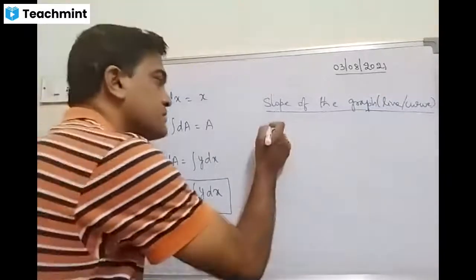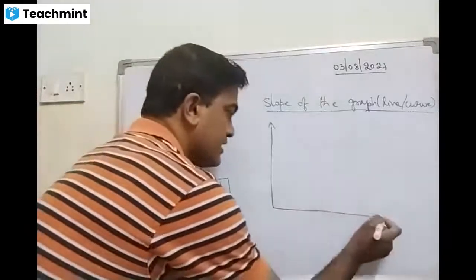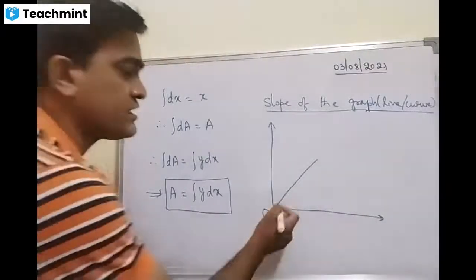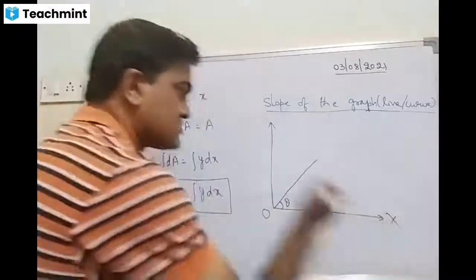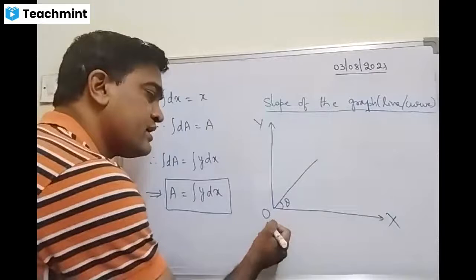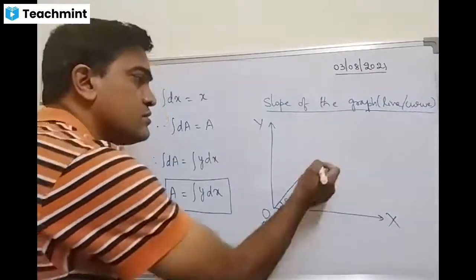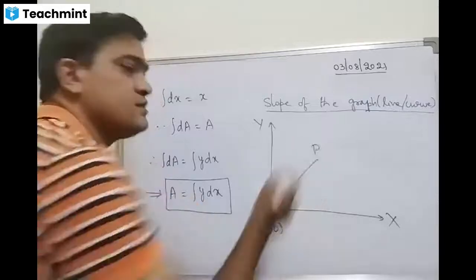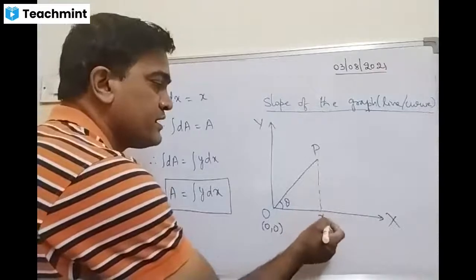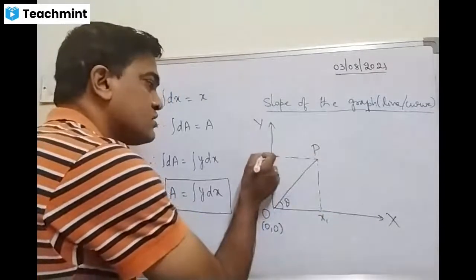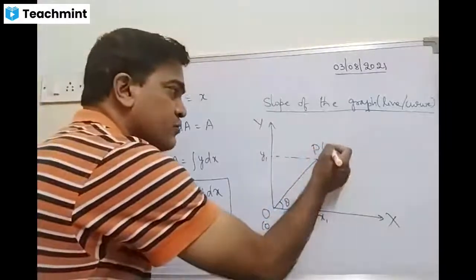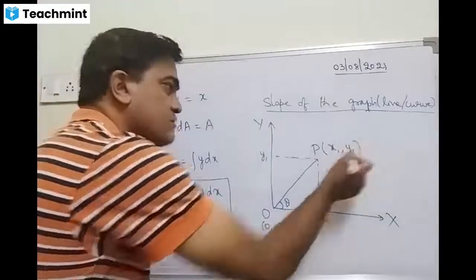If I give you a graph in such a way that a straight line is inclined at an angle theta with the x-axis, and I take the coordinates of the origin as 0, 0, and I take this point as P, with coordinates x1 and y1, then the coordinates of point P will be x1, y1.